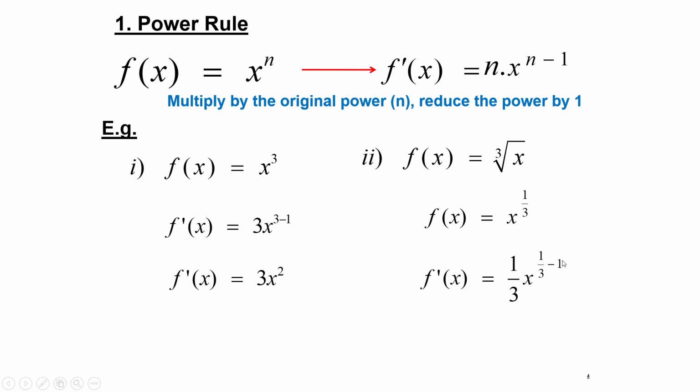Now if you press this in your calculator, 1/3 minus 1 comes to negative 2/3. That's what we have now: 1/3 times x to the power negative 2/3. So this is the differential of this function.